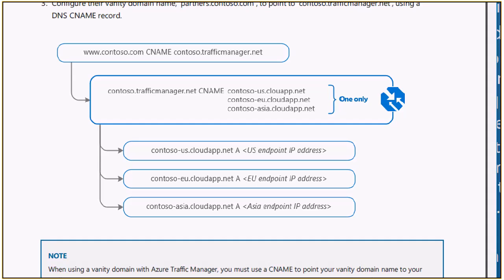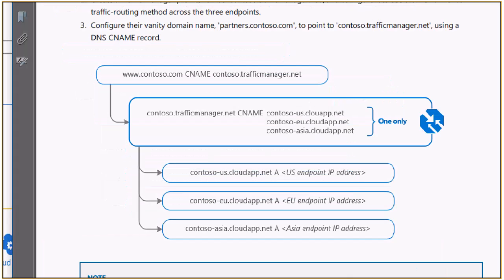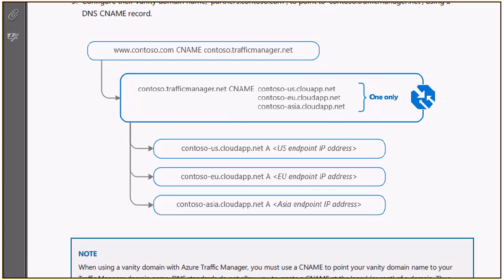Here you just need to provide the endpoint public IP addresses for US, EU and Asia Pacific. Depending on how you configured your Traffic Manager, whether performance based or region based, or in other ways, it will route your traffic. This diagram will show that. Yeah, that's a good example.